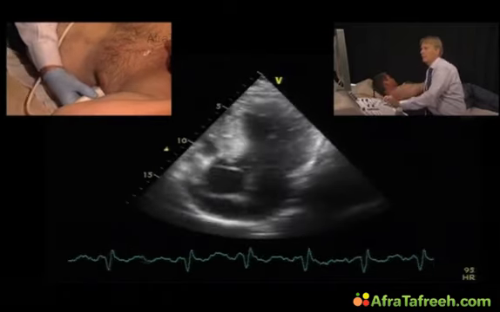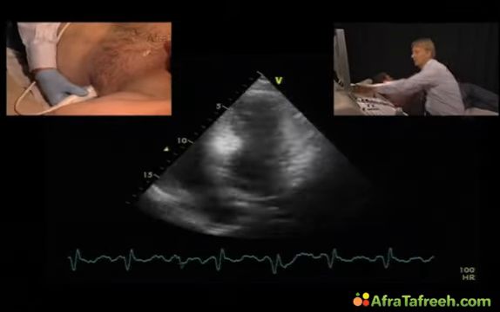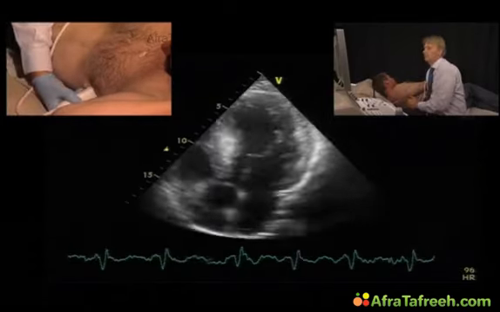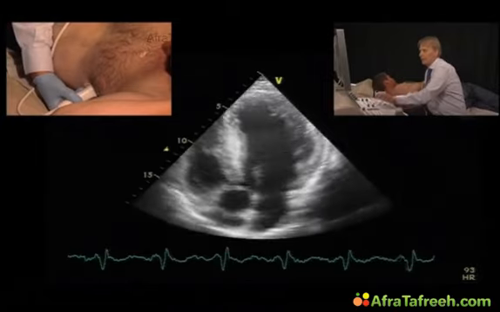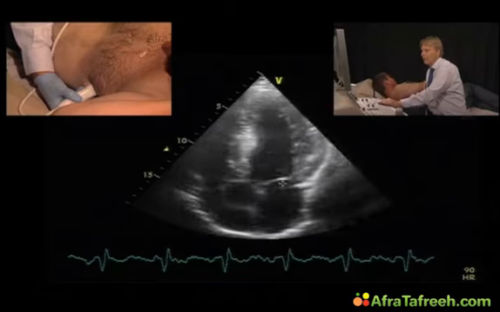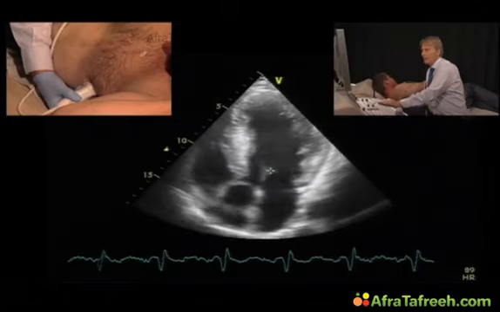Here in the apical view, again, let's look at the mitral valve. There is some degree of chordal SAM, but this is certainly not enough to cause obstruction.